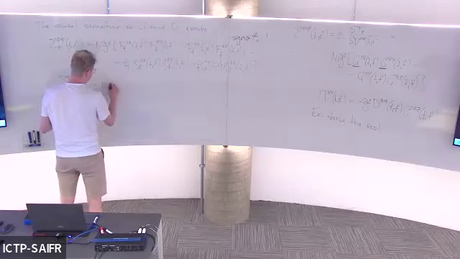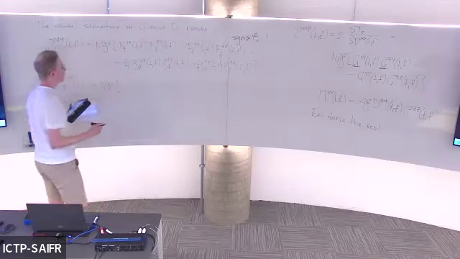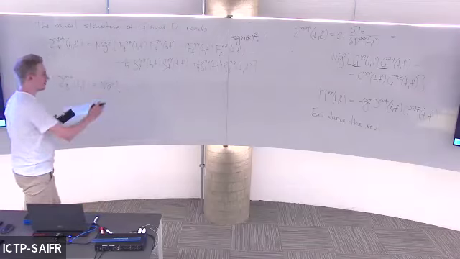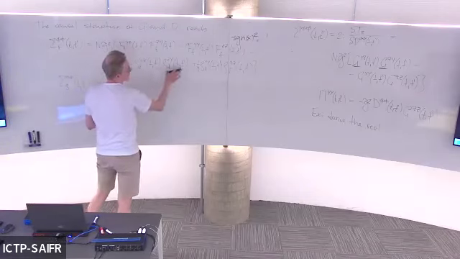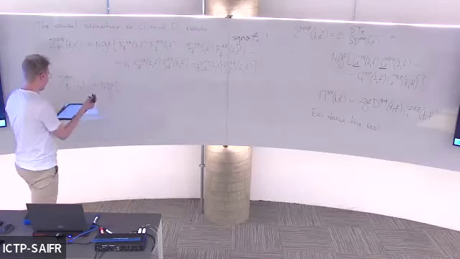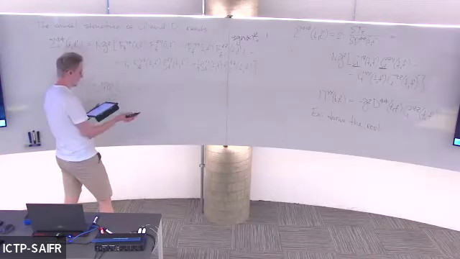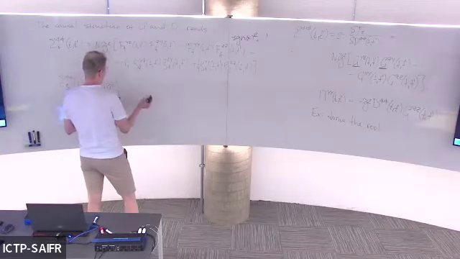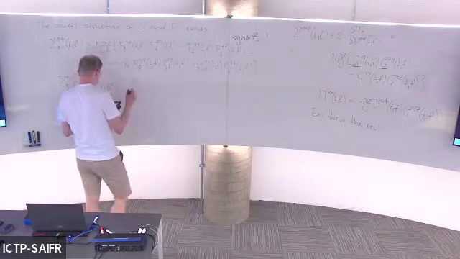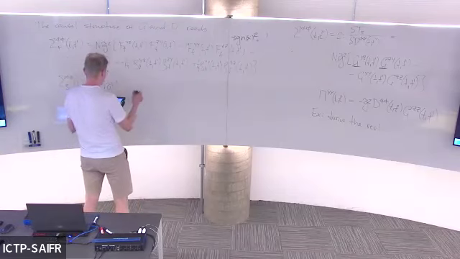If you work with this long enough, you just know that it's F squared minus 1/4 rho squared, and here it's rho F. I'm sorry, it's just rho F's.